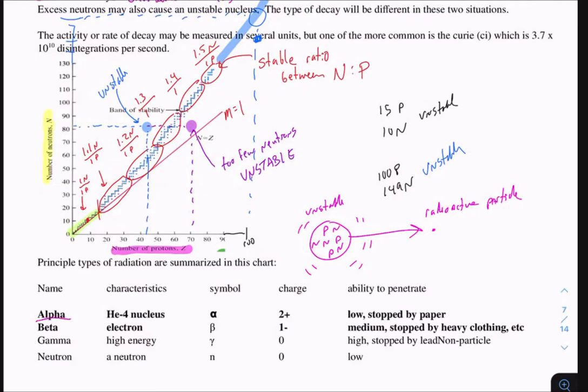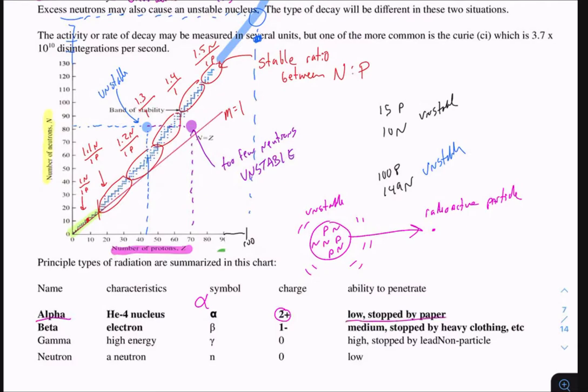The alpha we already talked about. The alpha is also known as the nucleus of helium. The symbol is that funny Greek letter alpha right there. Because the alpha particle has 2 protons, it's got a charge of +2. And as far as penetration, it's pretty low.